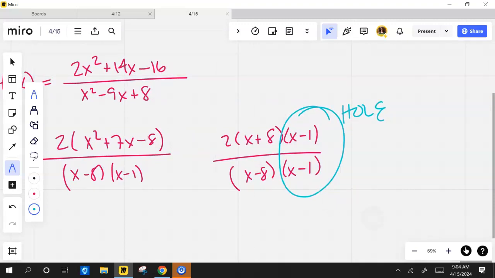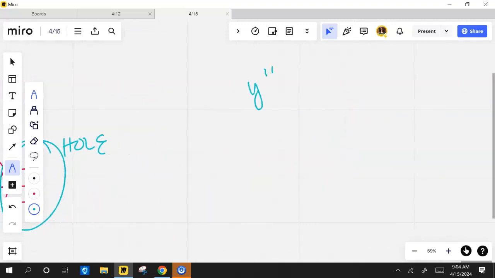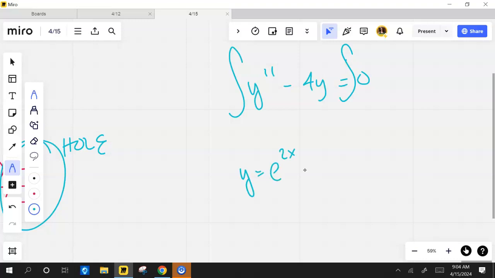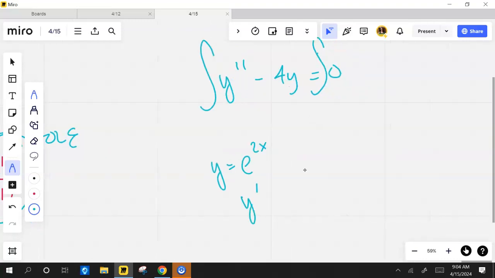You couldn't, because for this one, since it's second derivative minus 4y equals 0, if I try to integrate here, I can't get that constant of integration, right? I'll end up with a plus c with no way to find it. So what I did instead, start back at y equals e to the 2x and work your way backwards. So first derivative is 2e to the 2x, and then you chain it. Second derivative, and they were such easy functions to take derivatives of, times 2 again.